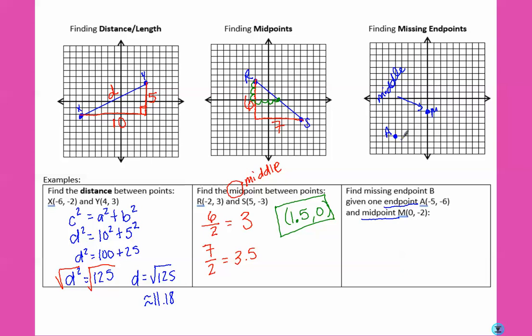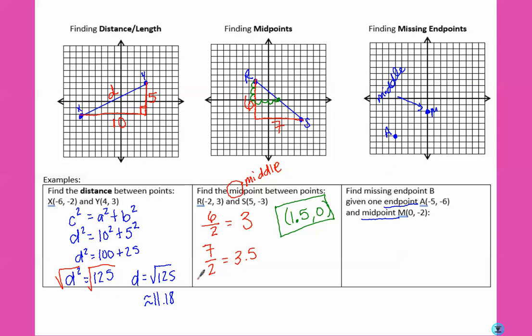The middle is the same distance from either endpoint. So we're going to count how far to the middle and then follow the same pattern, and that'll show us the other endpoint. We know since this is the middle that the endpoint's going to end up somewhere over here.